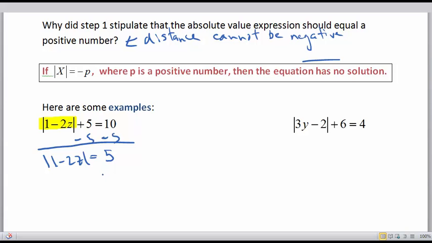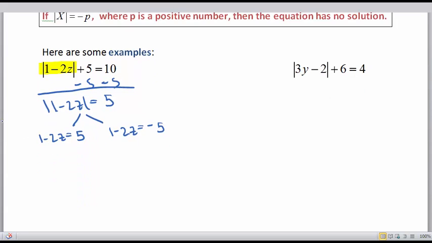Step 2 said set up two equations. So I'm going to set up two equations, one where this absolute value expression, which is 1 minus 2z, equals the other side of the equation, which is 5, and one where it equals the opposite of the other side of the equation, which is -5. Then I would just solve those two equations individually, and it's the same steps involved.